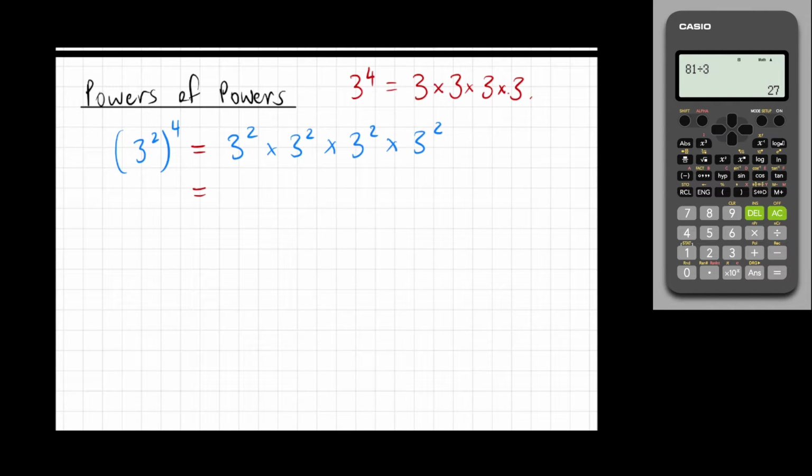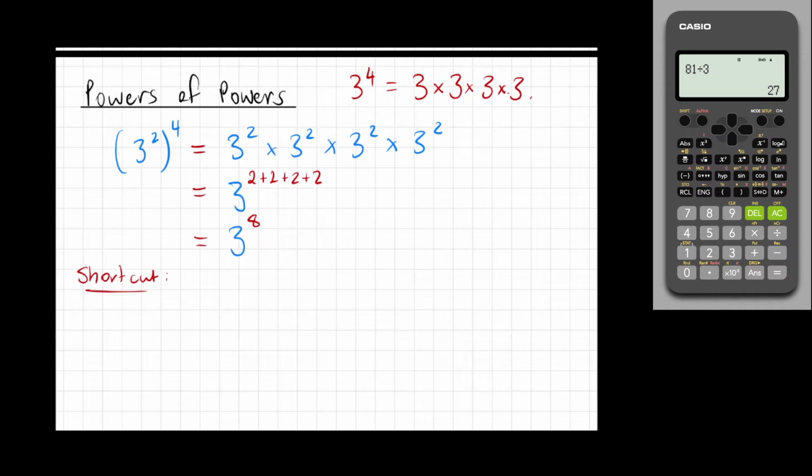This should be the same as 3 to the power of 2 plus 2 plus 2 plus 2. Because when we're multiplying our indices, it's like adding them up. 3 to the power of 2 times 3 to the power of 2 is 3 times 3 times 3 times 3, and in this case, we've got 8 of them, obviously. This is the same as 3 to the power of 8.